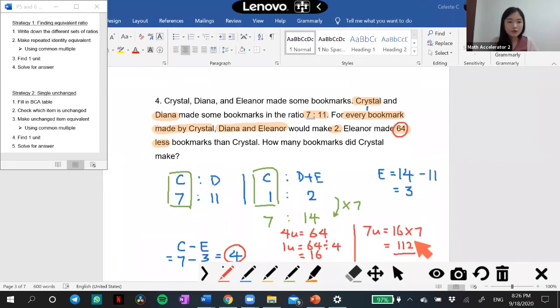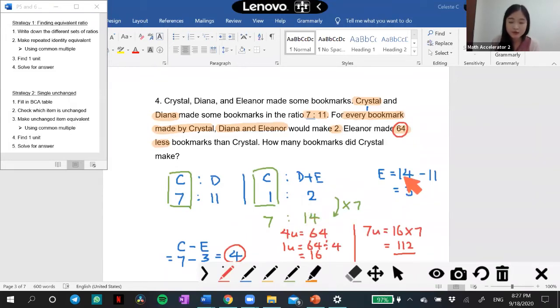Okay, for those of you who still don't understand why 14 minus 11, you need to take a look here. Diana plus Eleanor, you have 14 units. Diana has 11 units. Right, so 11 plus Eleanor should get you 14 here.